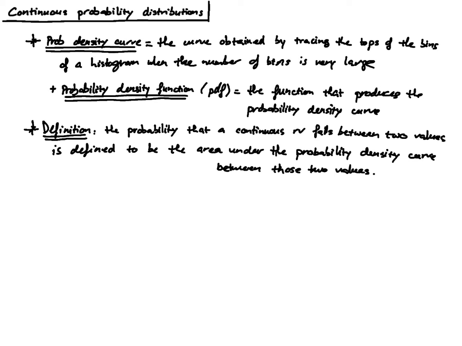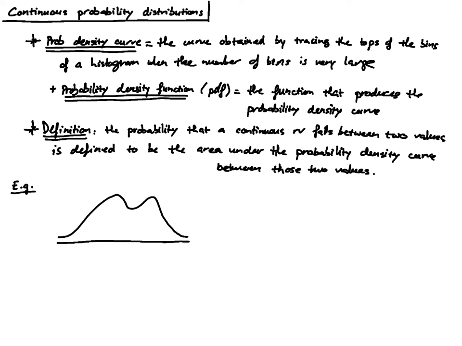So now let's look at an example to make sense of this definition. Suppose I have the following probability density curve, and suppose I have 2 points.